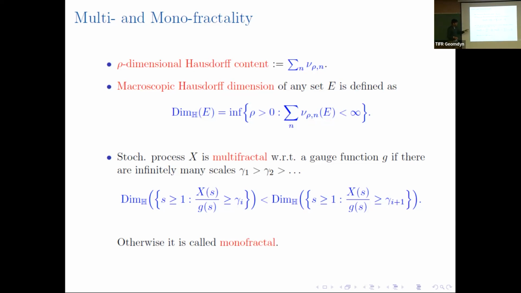So if you get infinitely many such scales, we call it multifractal. If there are just finitely many possible scales, you get a perfect inequality, and we call it monofractal. So this is how we define mathematically, how we capture these different sizes of these turbulent sides.